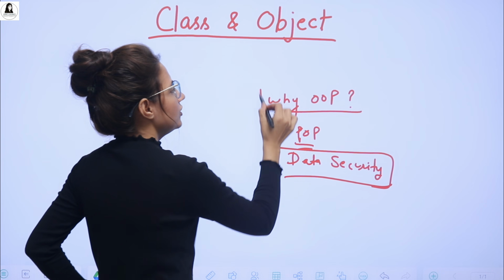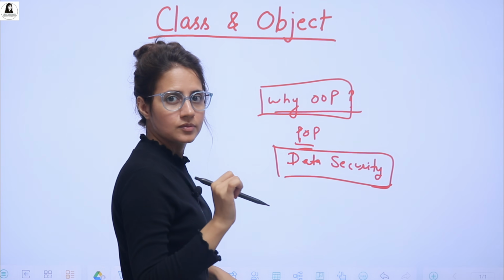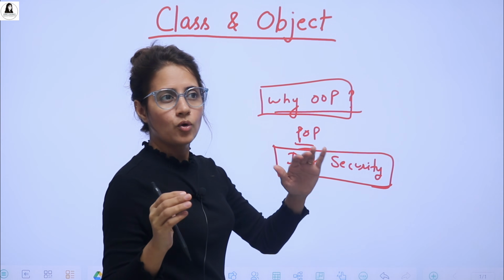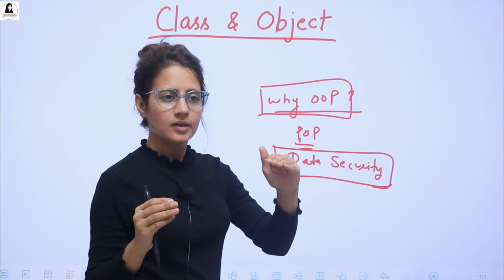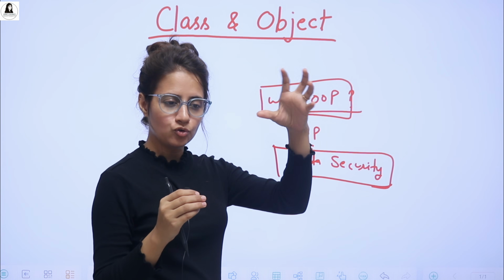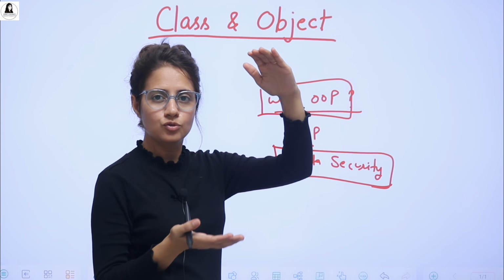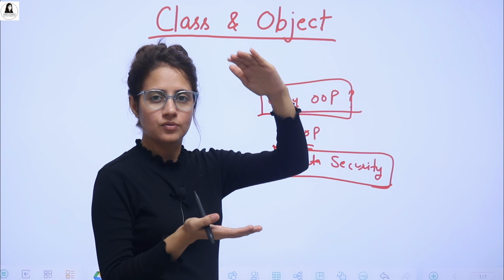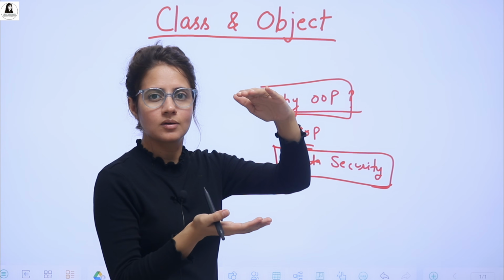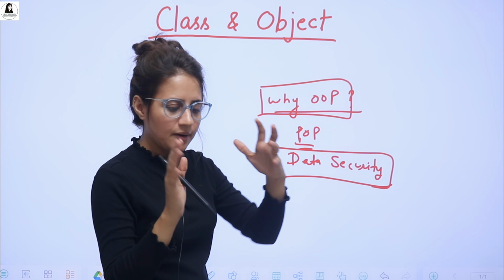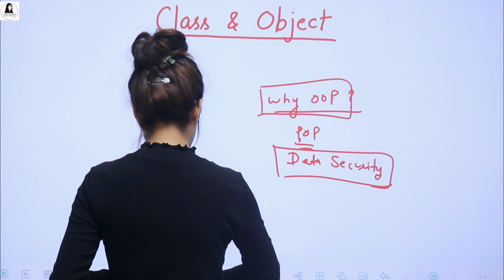Now in OOP, how is the data secure? Because whatever the data is, and the functions which are going to operate on that data, we usually bind those functions and data together in a single unit. Now, what does that mean? Let me show you with a proper example.